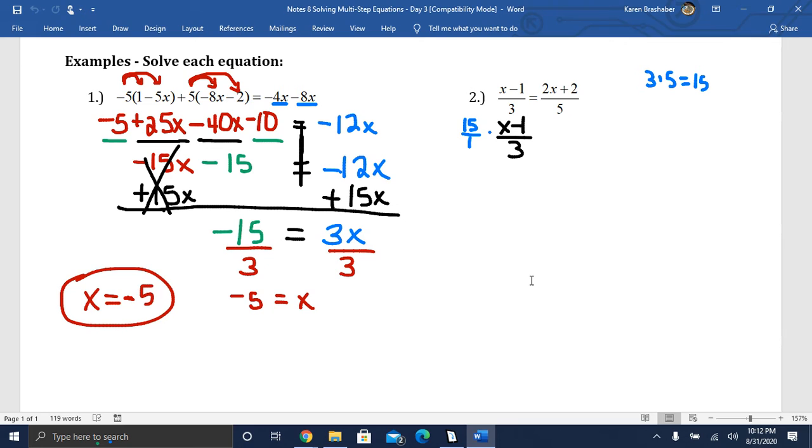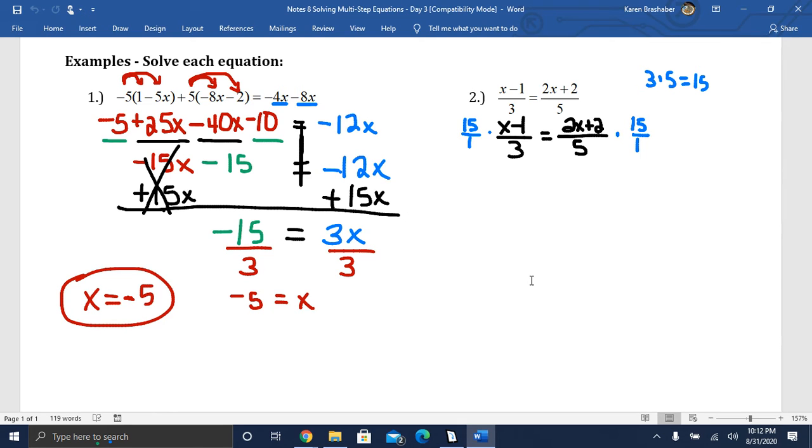Then the equal sign. And then I'm going to go ahead and write my other part, (2x plus 2) over 5. And I multiplied by my common denominator of 15. This is what we've been doing on your other problems.